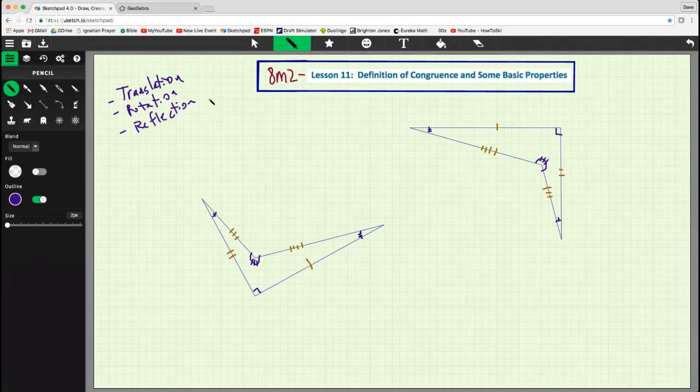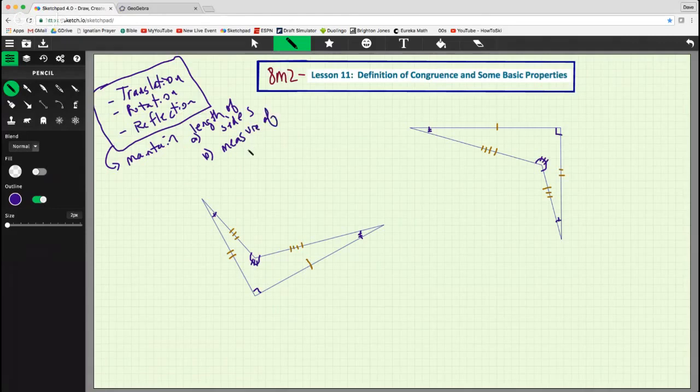Another thing that we learned is that when you do one, two, or three of these things, they maintain A, the length of sides, and B, the measure of angles.